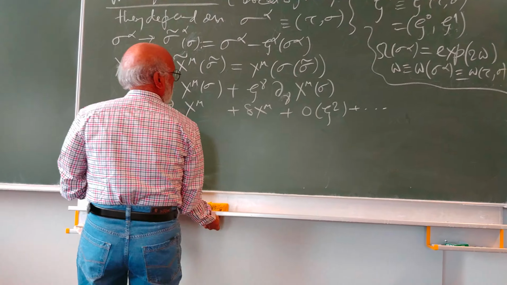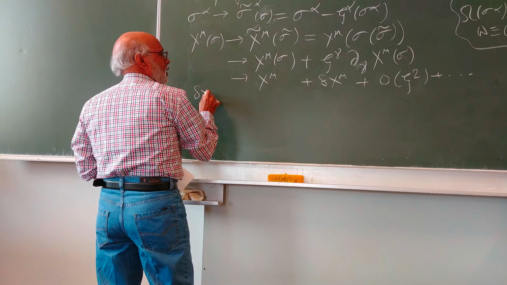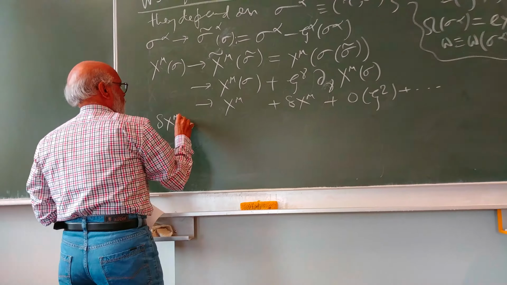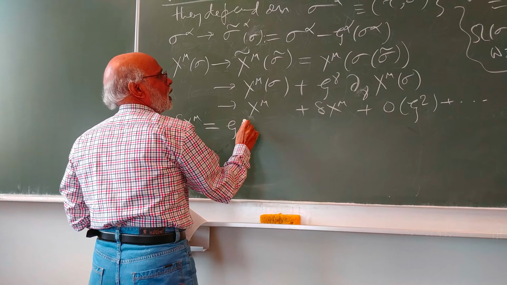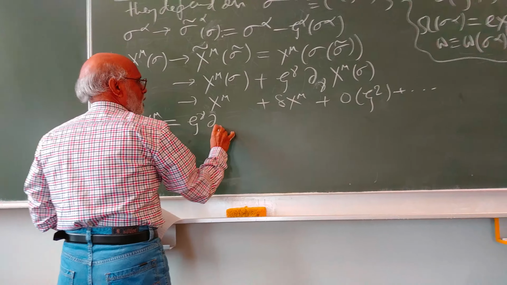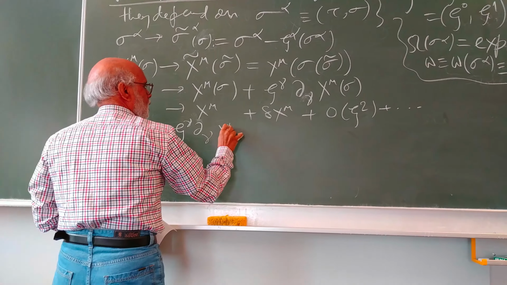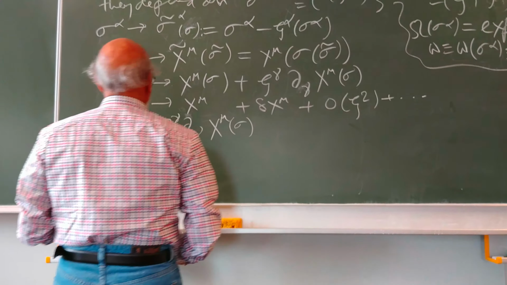That's the point. So with this identification, delta x mu would be zeta gamma del gamma x mu of sigma.